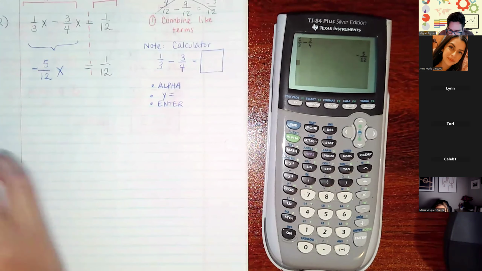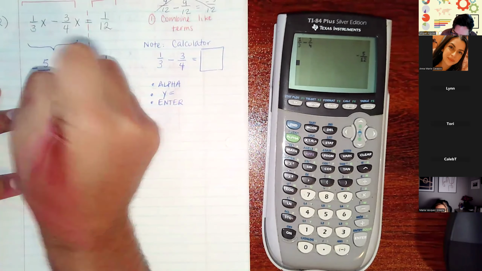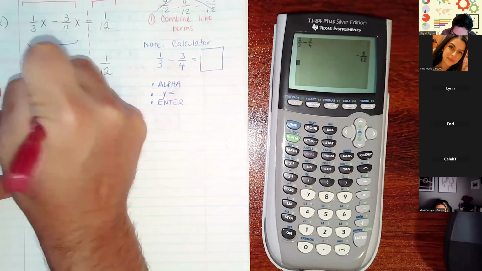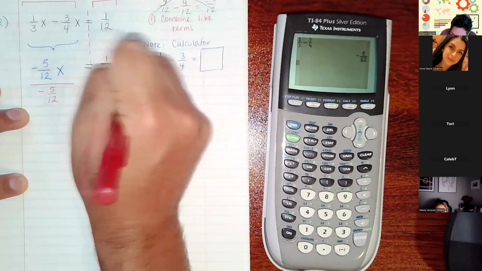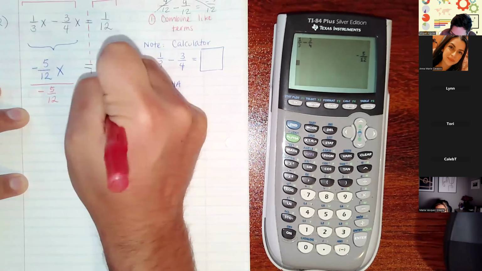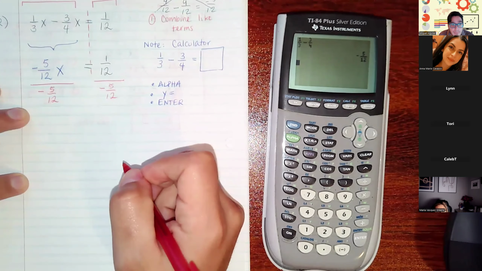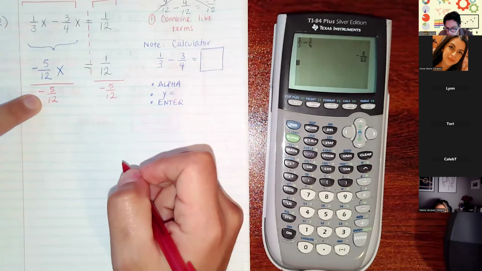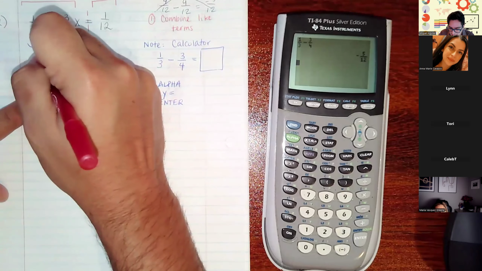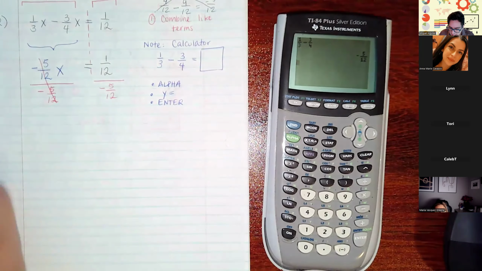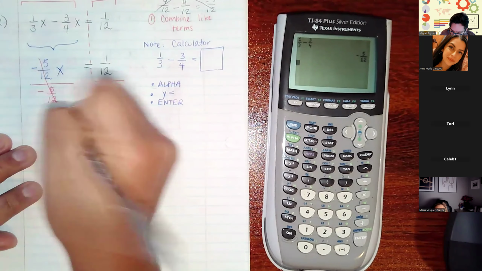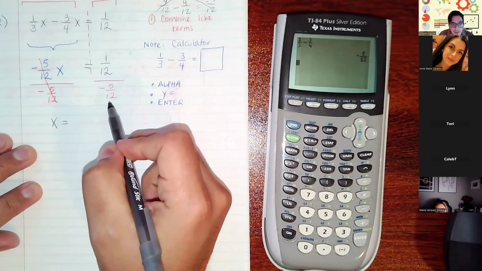So guess what I'm going to do here? It doesn't matter whether it's a whole number or a fraction. I'm going to divide this by -5/12 and divide this by -5/12. Okay? Anything divided by itself is +1, so that cancels out, and I'm left with x is equal to something.